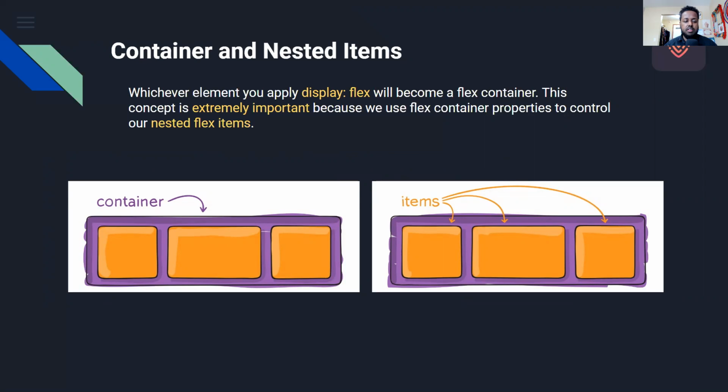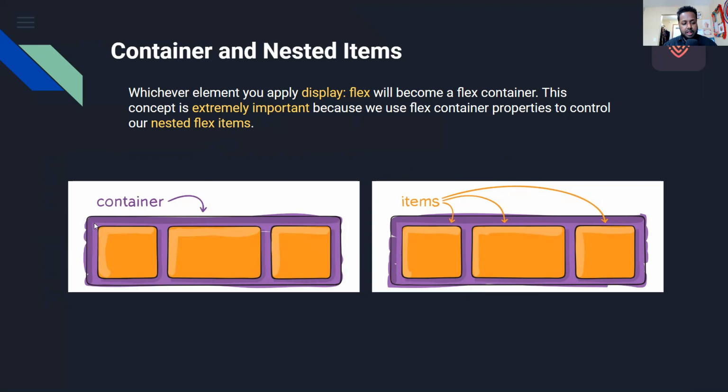So this is how Flexbox looks. Flexbox has something called a container. This container is the parent element, and then it has items, which are the children. These are the ones you will use display flex for.